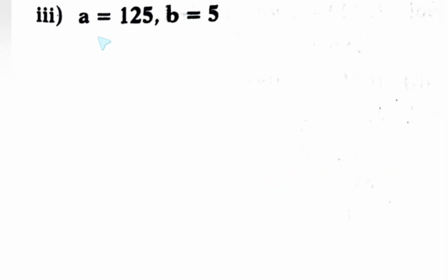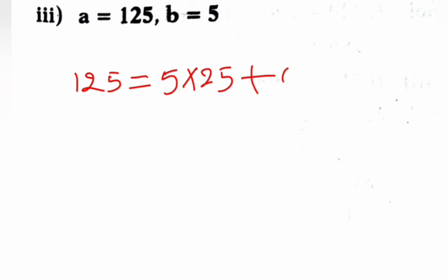Let us take a equal to 125, b equal to 5. 125 is equal to 5 into 25 plus 0.